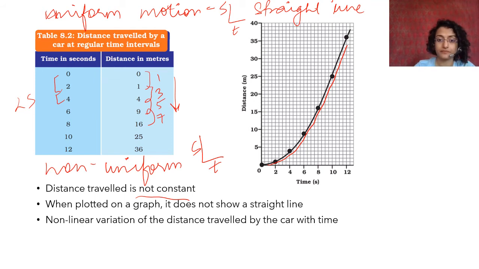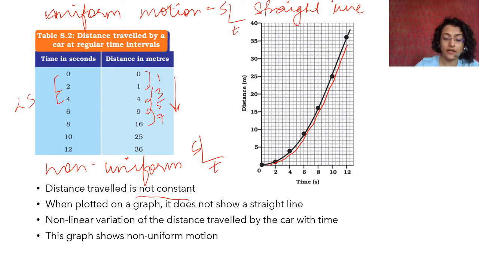This is for non-uniform motion. You can easily plot these points yourself and see. At 0 it is 0, at 2 it is 1, at 4 it is here, and then if you plot these accordingly, you will see that this graph is non-linear.